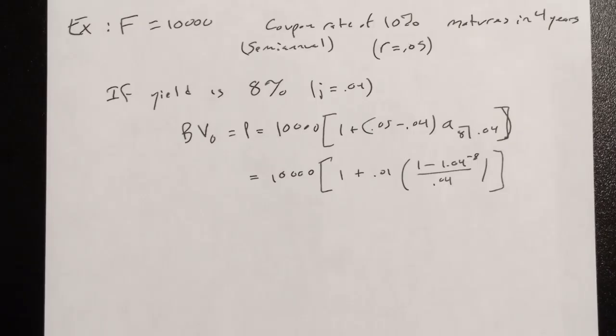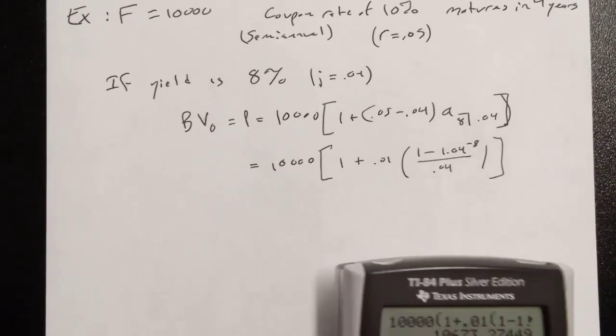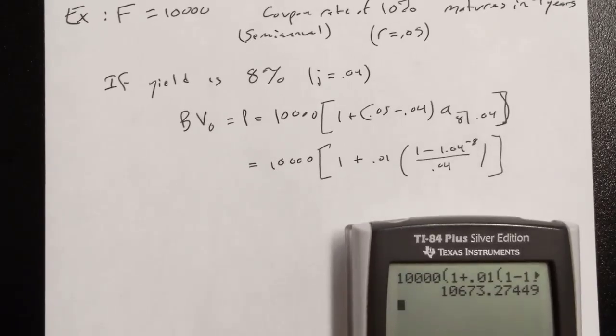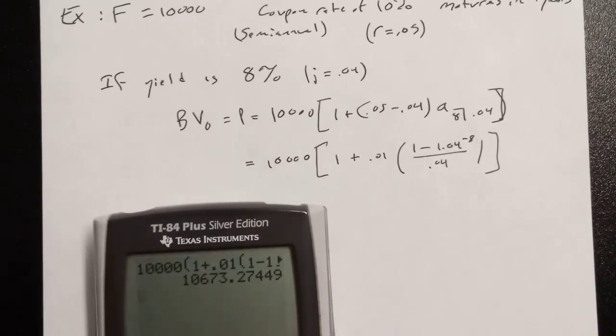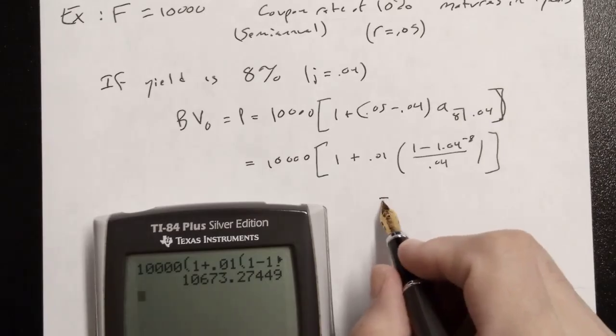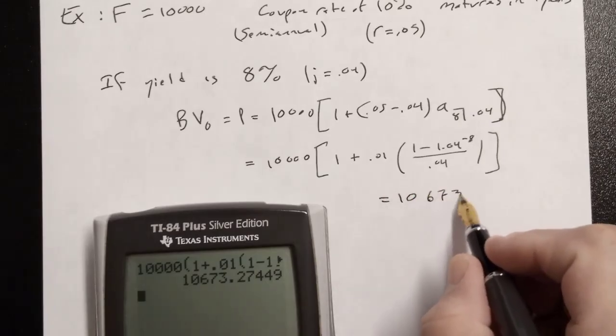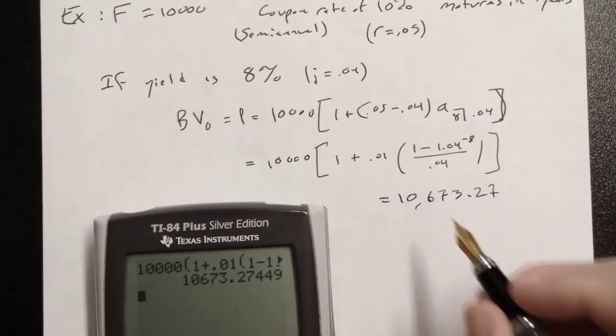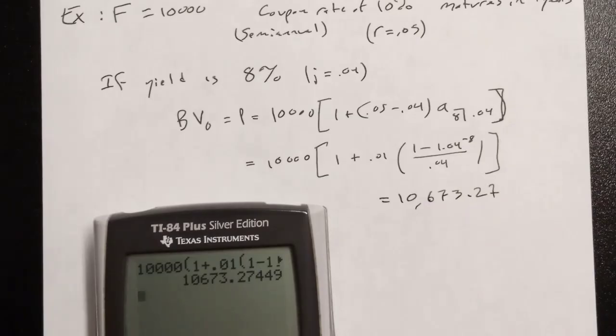A little bit of calculator work. Crunch, crunch, crunch, crunch. It's above 10,000. 10,673.27. Okay.